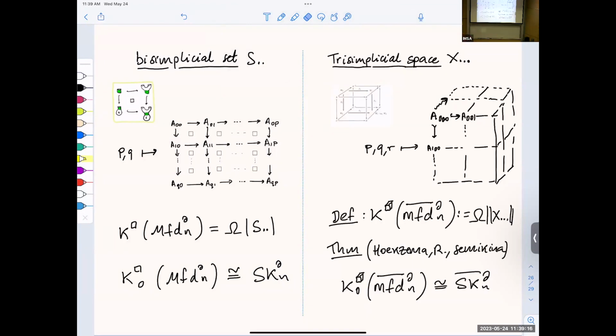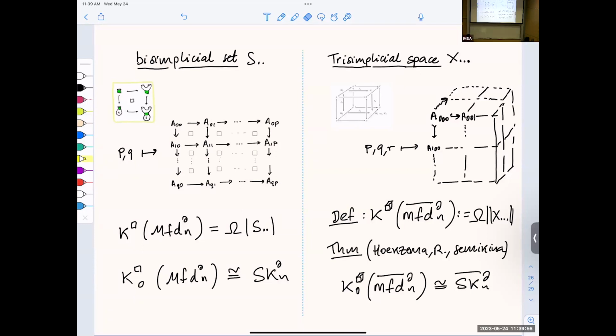Well, we did topologize the cubes, and what we had was now a trisimplicial space, because now you have three directions. You take the fat geometric realization of that, take loops, and you end up with an analog. Here was K theory of squares, over there you have K theory of cubes. And maybe part of the hard work in our paper was showing that you do have that isomorphism with the cut and paste cobordism group of manifolds with boundary.